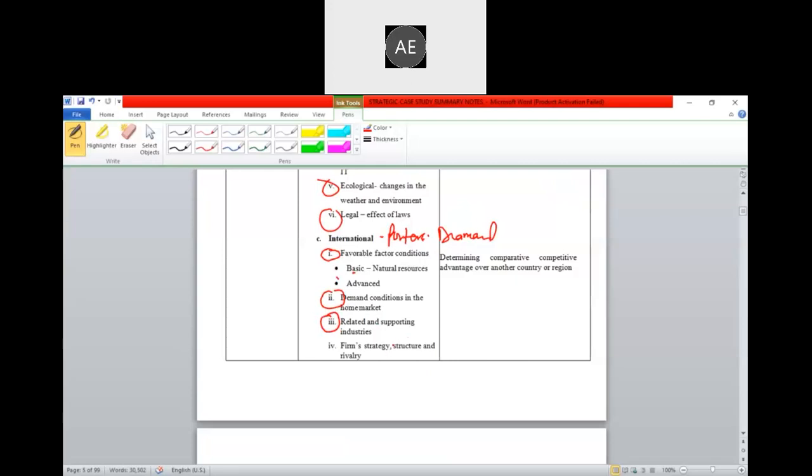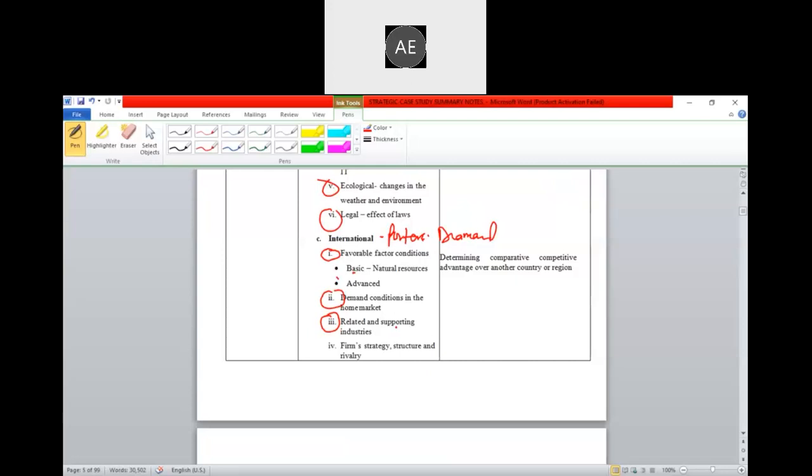Another factor that determines the ability of an entity to achieve comparative competitive advantage is the related and supporting industries. If a company wants to go outside, are there industries that are related and support the operations of that company? The related and supporting industries can help an organization achieve comparative competitive advantage, provided there is competition in that industry.